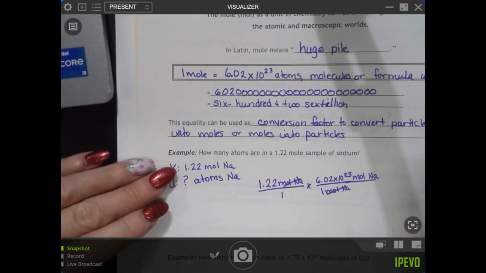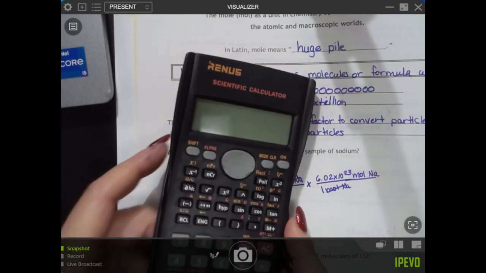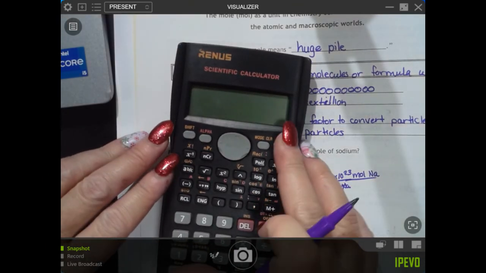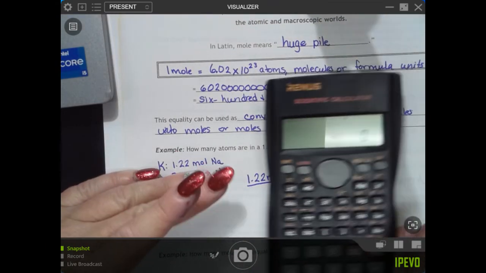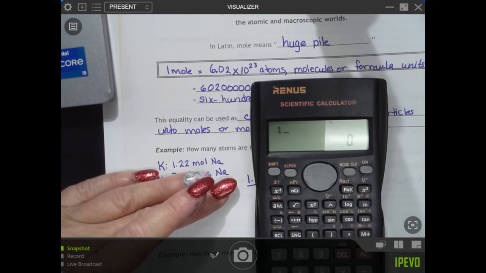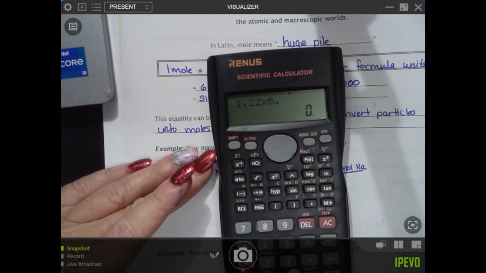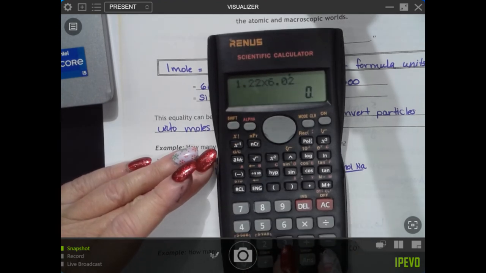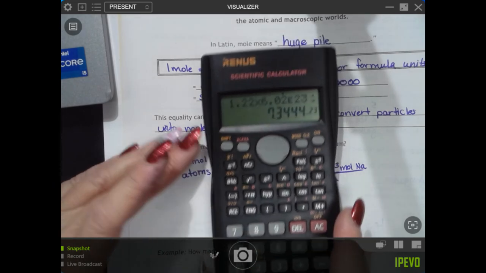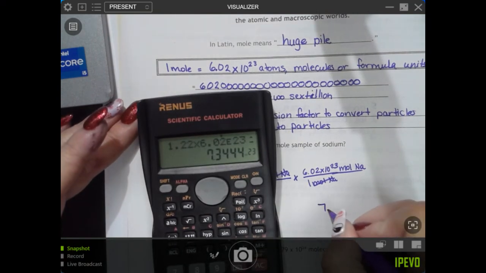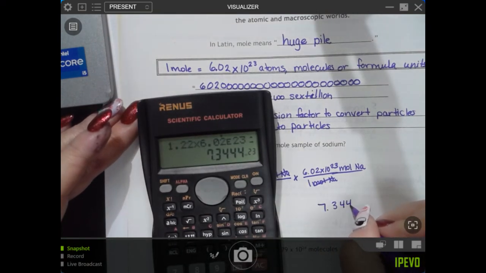So if I do that math, let me plug that into my calculator. I am going to do 1.22 times 6.02, remember we have to find where the exponent key is, times 10 to the 23rd, equals. My answer is 7.3444 times 10 to the 23.